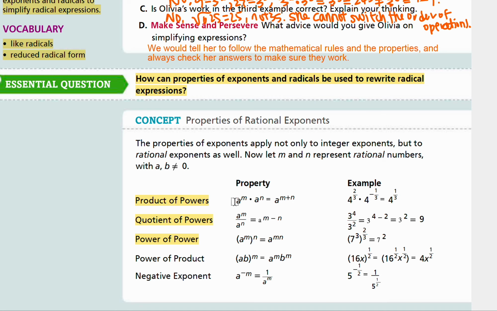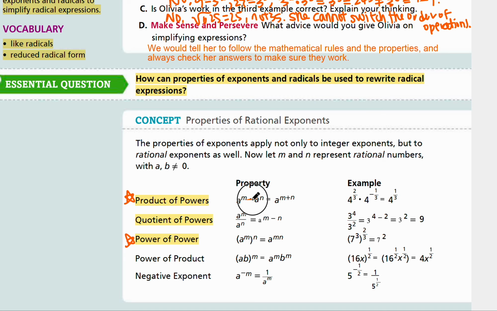So remember, a lot of people confuse the product of powers and power of a power. If you have one base with a power on top of a power, then you can multiply. If you have the same base, but you're multiplying them separately with different powers, then you add the powers.